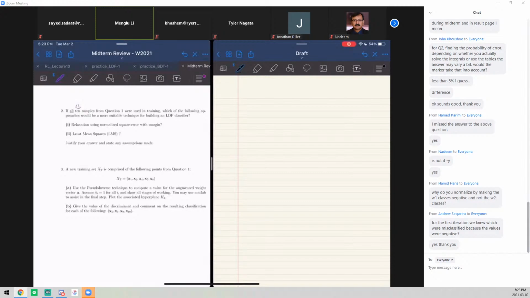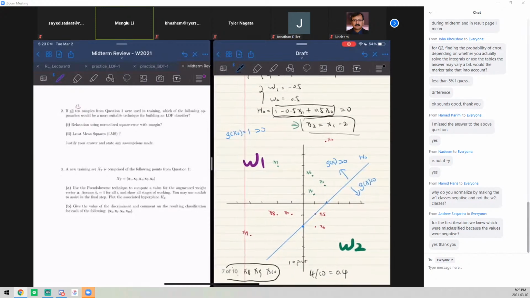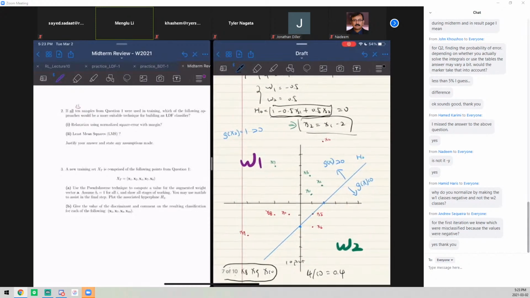From this graph, we see these samples are not linearly separable, because x10 is very close to class 1, very close to the green points.